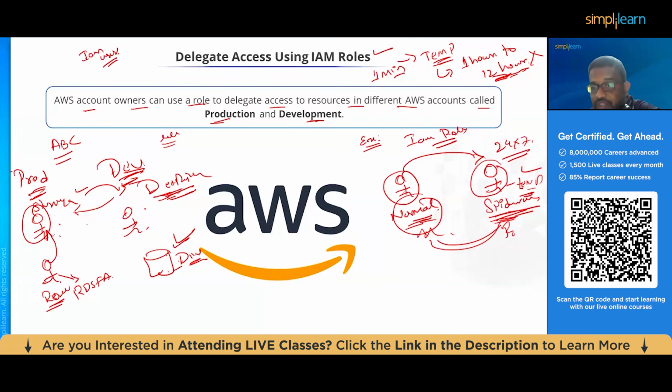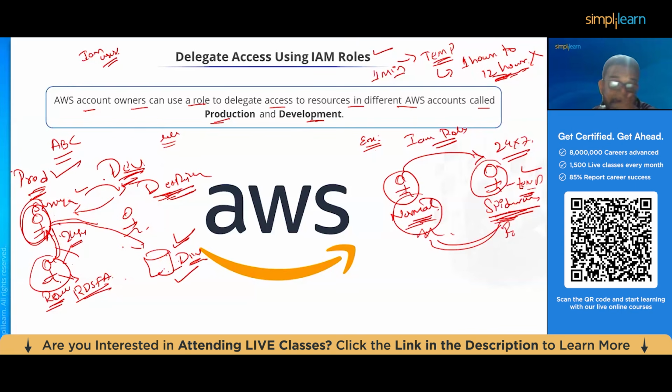Now, without sharing the credentials, Shreya can access this development RDS database. Why? Because you are assigning a role to Shreya with the permission called RDS full access, and that too for 2 hours. Once the 2 hours are completed, automatically this role will be terminated and Shreya will become a member of the production environment only again.